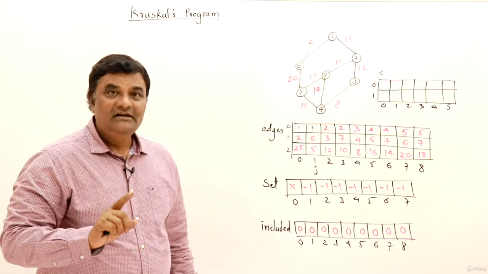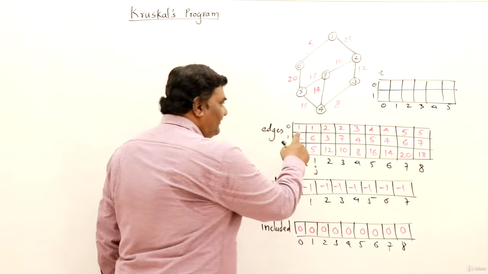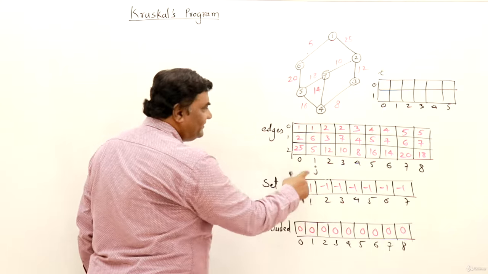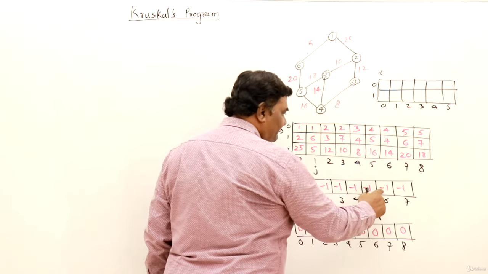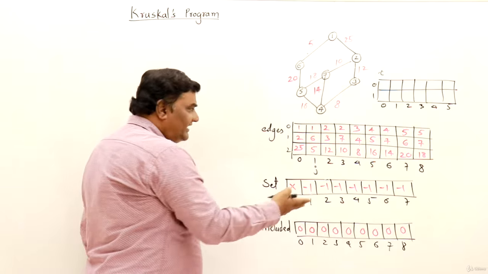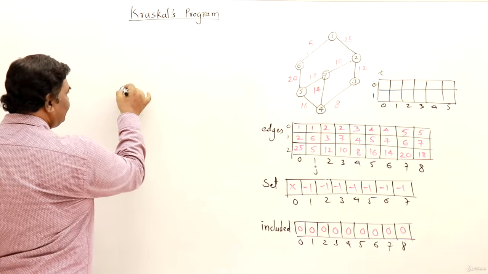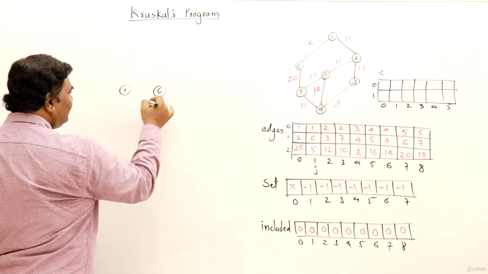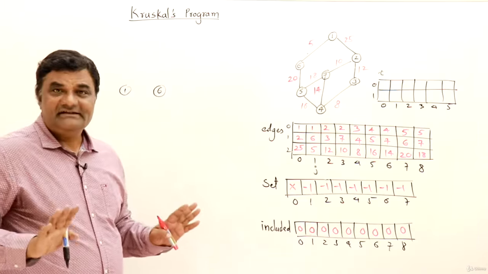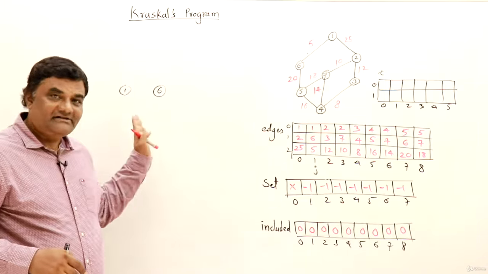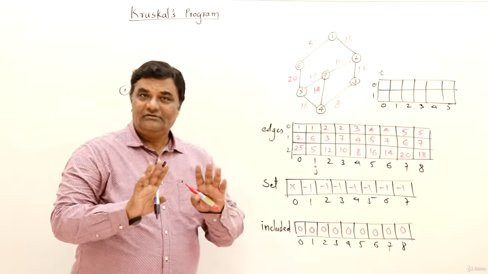This is the method. So let us check. Find 1: -1. Find 6: -1. So they are parents of themselves, right? If I draw it here, this is 1 and this is 6. They are not forming a cycle. Their parents are different. 1's parent is 1 and 6's parent is 6.